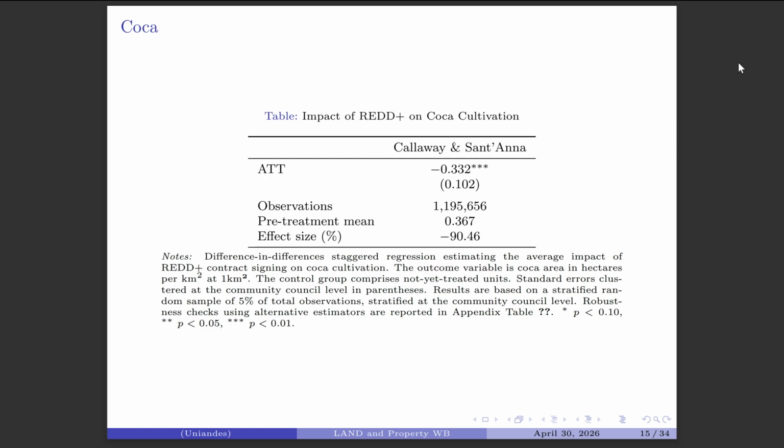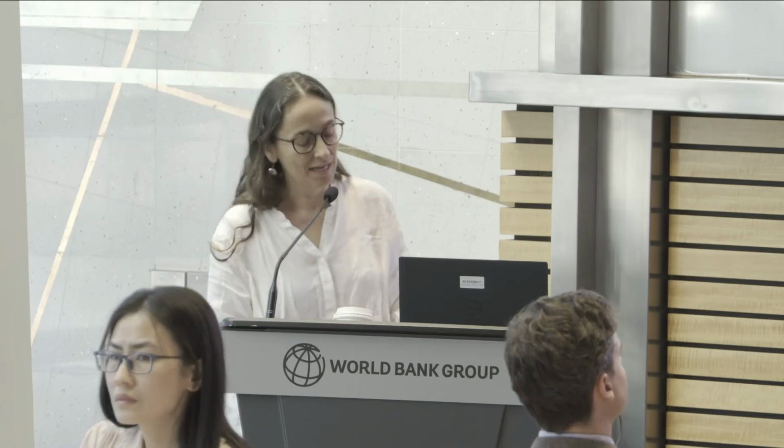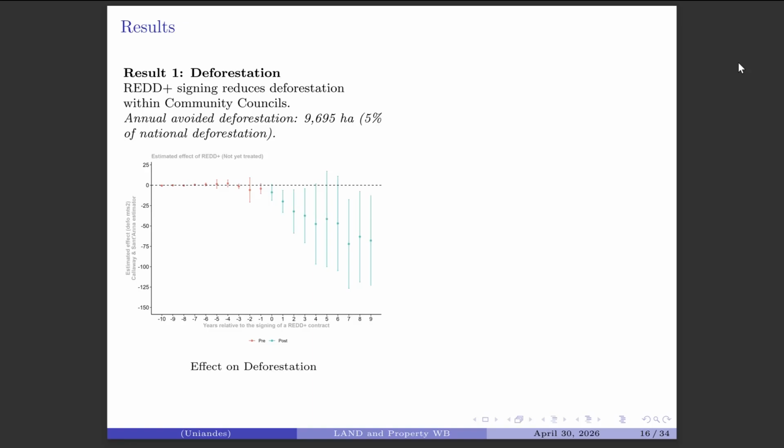And for coca crops, we see a reduction in the extension of coca crops of 0.33 hectares per square kilometer, and the effect size is 90%.